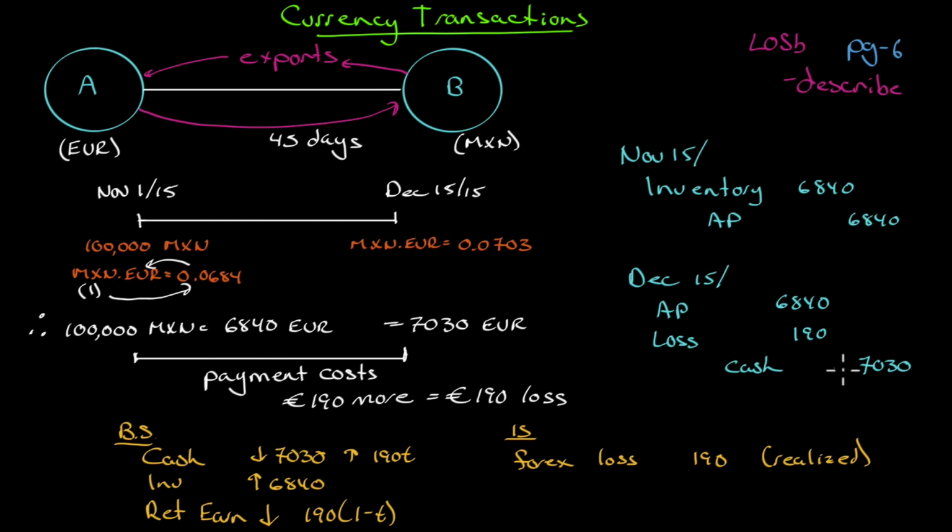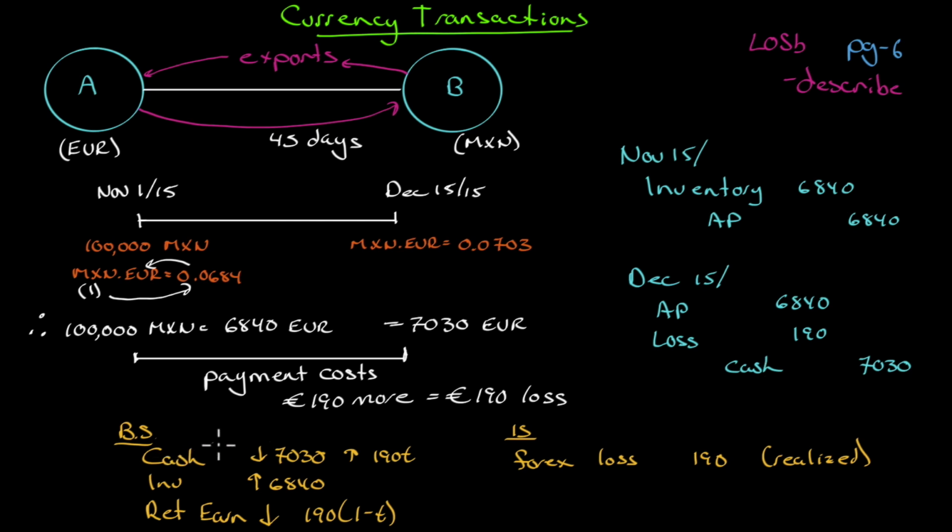But when they go to pay, the cash that's leaving is 7,030. So here's how we transact for it. Well, 7,030, we know that 6,840 went to extinguish the accounts payable. We can't say that more went to extinguish the accounts payable because, well, that's not what was in the account. We can only bring it to 0. We need to put this 190 somewhere. That's a loss. And since it's realized now, it's going to go straight to the income statement. And that's what it does. It goes straight to the income statement.